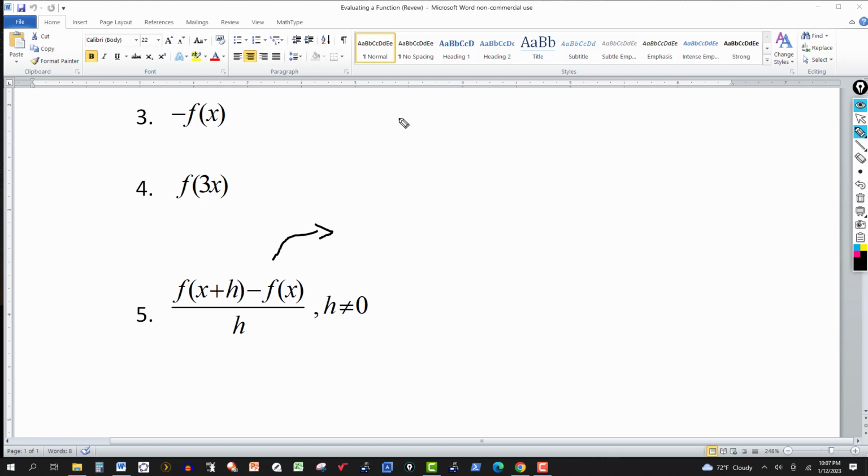So again, the function f of x is equal to x squared plus 5x minus 2. So we're just simplifying this expression by going through the calculations. f is this function right here. So f of x plus h is just evaluating this function at x plus h. So we're replacing the x by x plus h.